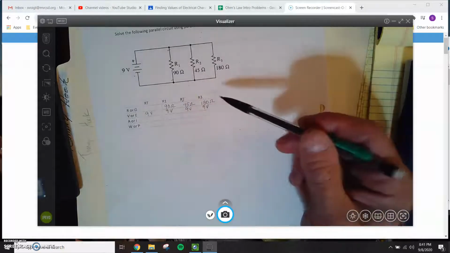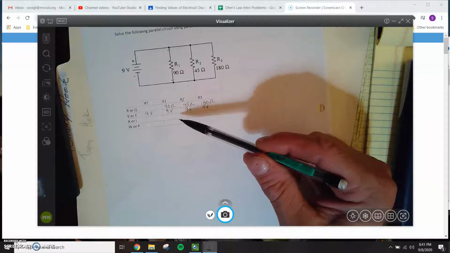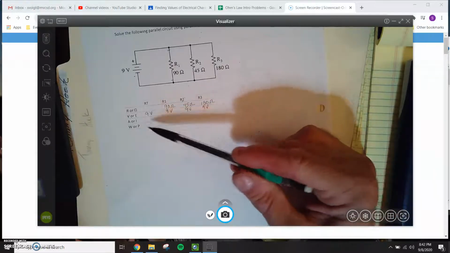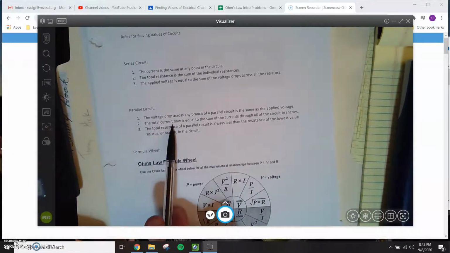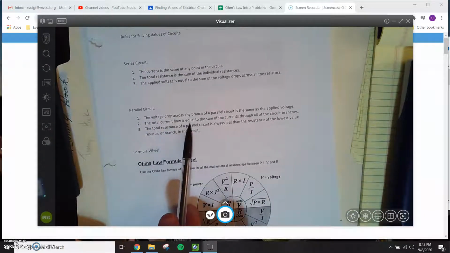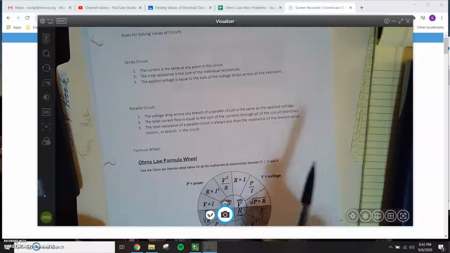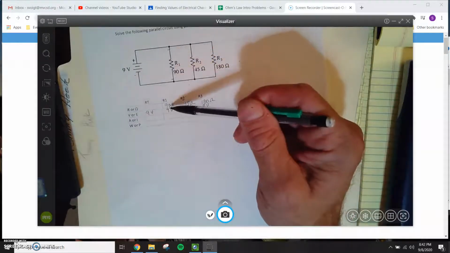So now we know we have 2 variables in all at the 3 resistors. That means we can figure out something else. At all 3 of those, we can figure out all this stuff down here, but we got to get something over here. So let's look at our next rule. The total current, or amps, is equal to the sum of the currents through all of the circuit branches. And we know that we can figure out the current through this branch because we got 2 of these.